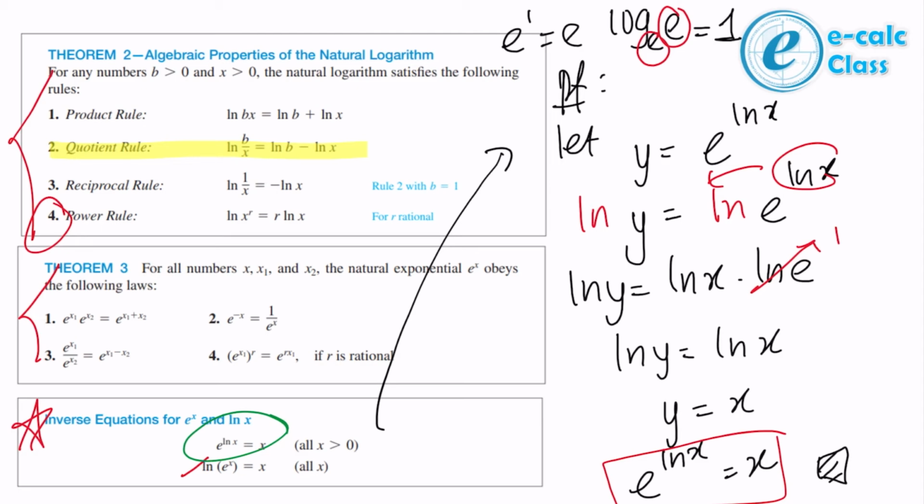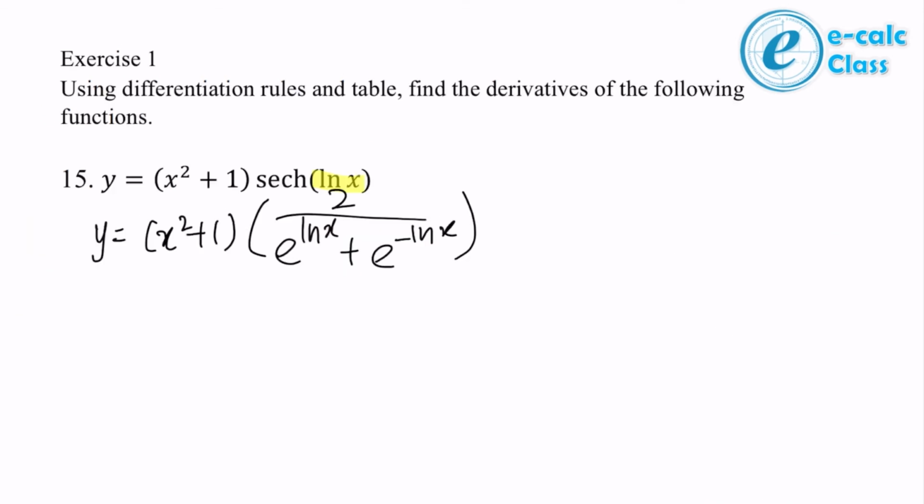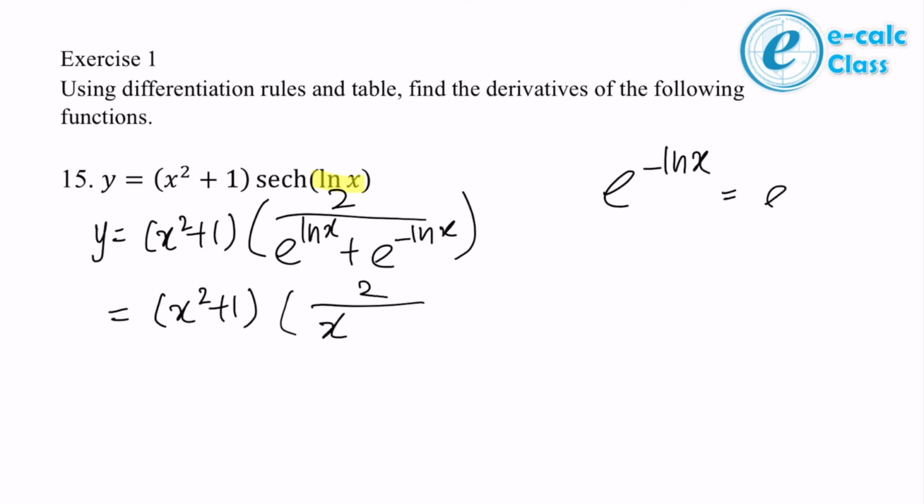That is why I told you that it is very useful, right? So I will just write this as 2 over x. And what is this? e to the negative ln x. It's actually e to the ln x to the power negative 1, which is e to the ln 1 over x, which is 1 over x, plus 1 over x.